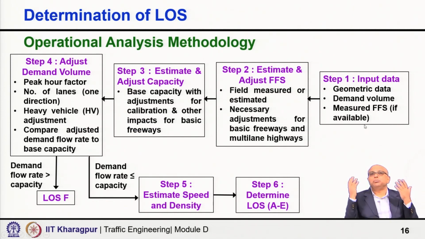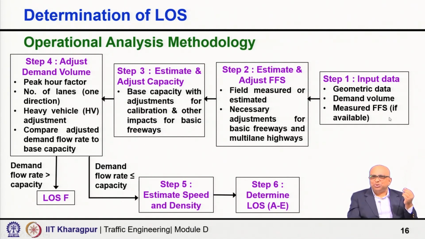Free flow speed you can measure in the field under prevailing conditions, generally up to some low flow state, because the speed is constant up to then. We can measure the speed and consider that as the free flow speed under prevailing conditions, or we can estimate it if field measurement is not possible.